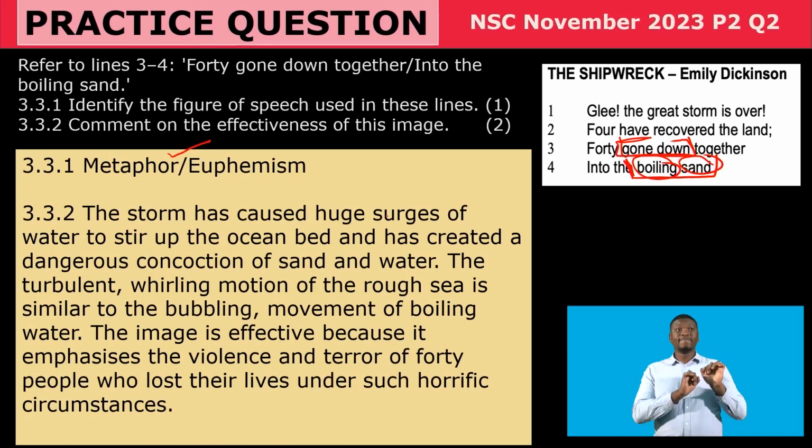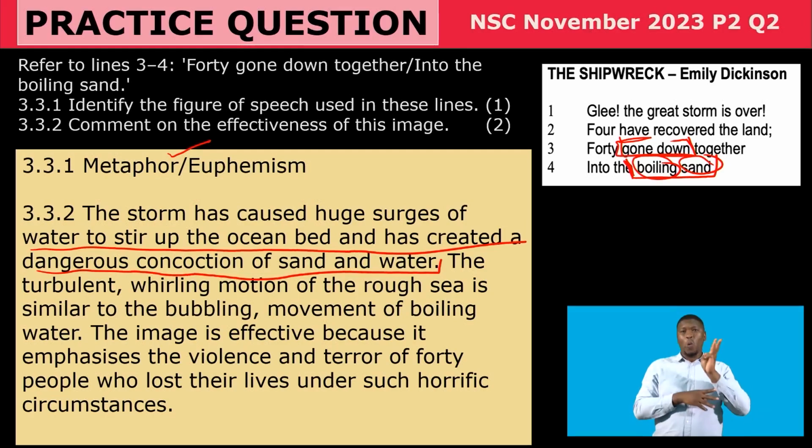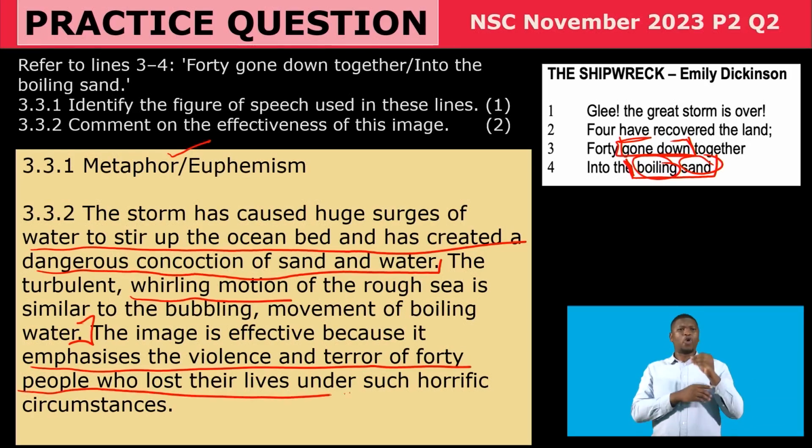The storm has caused huge surges of water to stir up the ocean bed and has created a dangerous concoction of sand and water. The turbulent whirling motion of the rough sea is similar to the bubbling movement of boiling water. So if we're saying that it is a metaphor, we are describing why this metaphor is effective. The image is effective because it emphasizes the violence and the terror of forty people who lost their lives under such horrific circumstances.